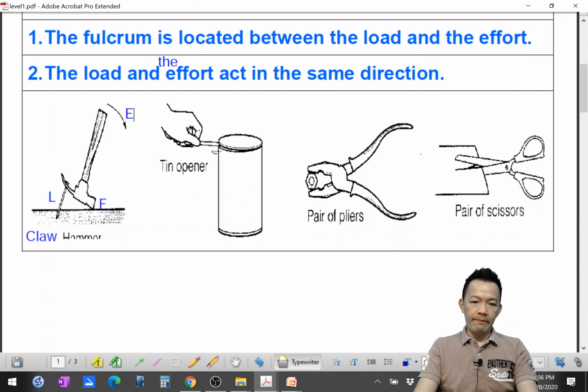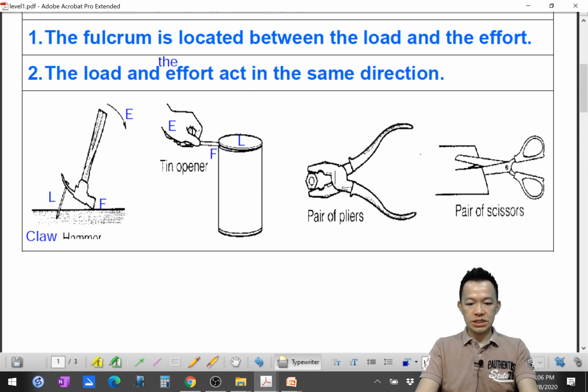Done? For the tin opener, the supporting point here will be the fulcrum 这边的支点. What you want to do is the load, you want to open this lid 你要开这个盖. Your hand is the effort. So the fulcrum is between the load and the effort.